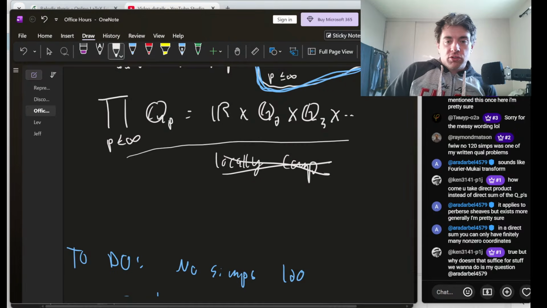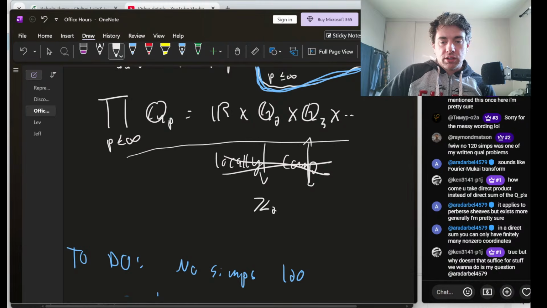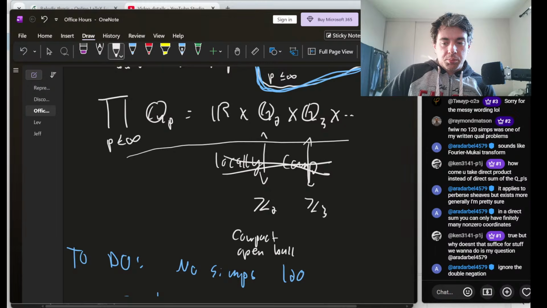Well, we fix this because each of the p-adics has this crazy thing called the p-adic integer sitting inside it. It's a compact open ball, but also a subring, which is incredible.